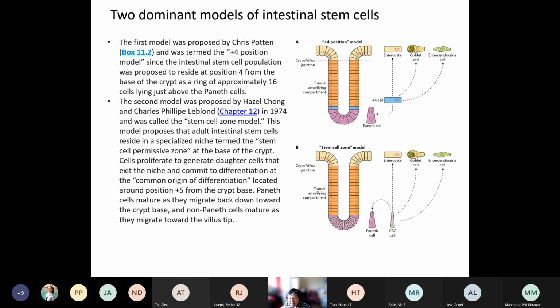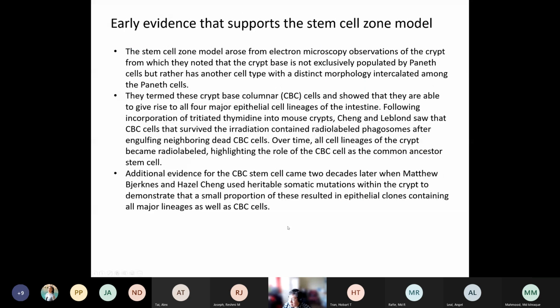They're intercalated with each other. That means you have one dependent cell and the next is the stem cell. Then you have another dependent cell. That's what they proposed to be the structure of the crypt base, as well as the mechanism governing the cell renewal in the epithelial lining.